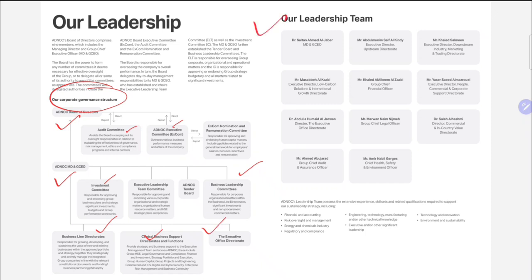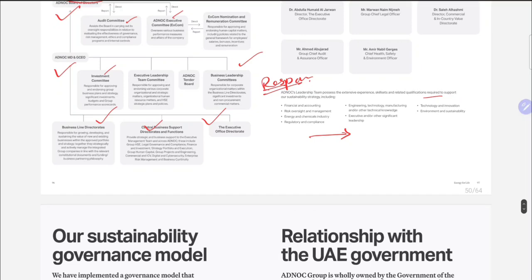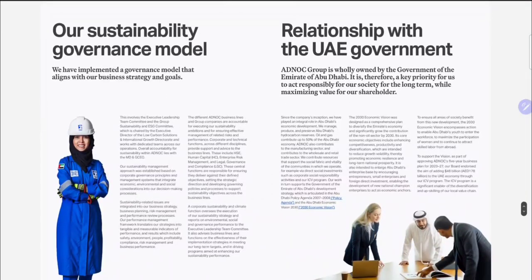Then leadership team details are available, and responsibility side. The leadership team possesses the extensive experience, skill set and related qualification required to support the sustainability strategy. So the details are given here. Our sustainability governance model is very important for the students of ESG and sustainability reporting, understand this.